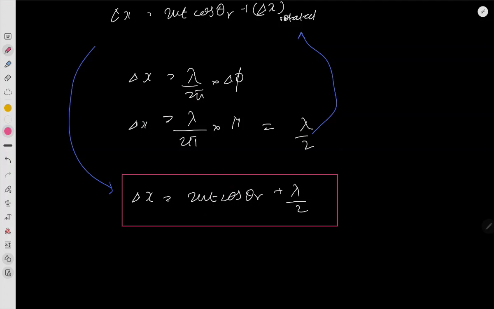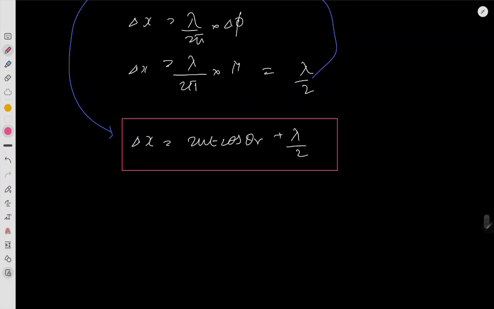And now we can plug this delta x into the conditions for a bright spot. And if you see, the results are exactly opposite of what we expect.